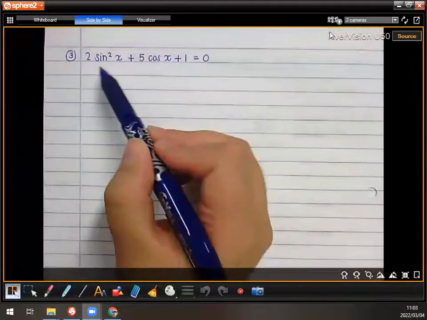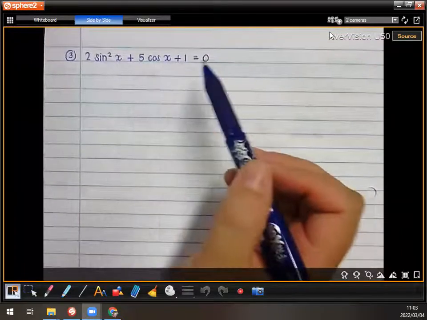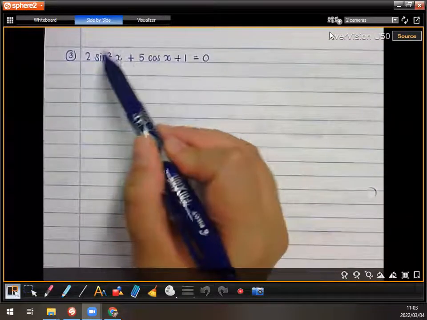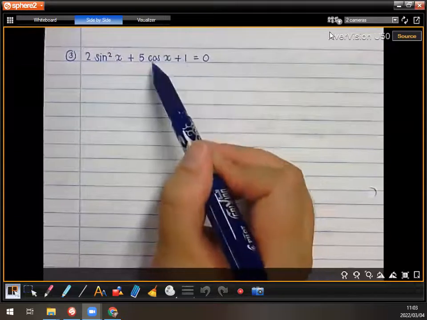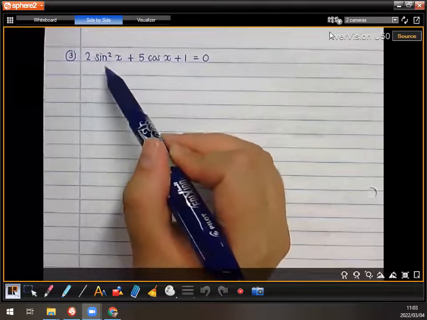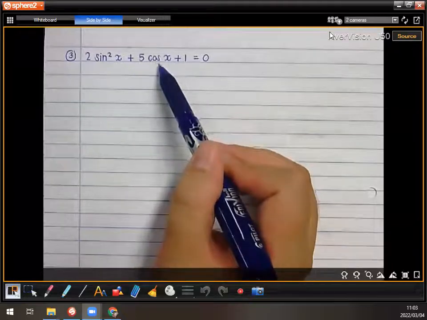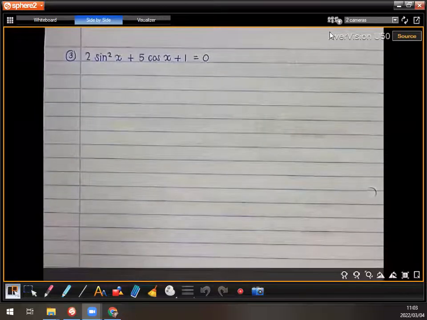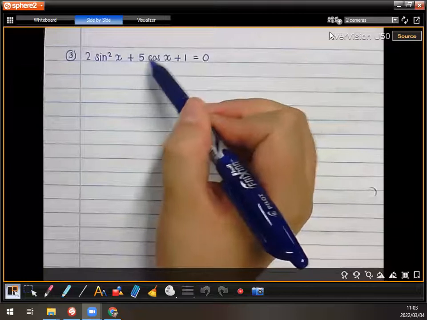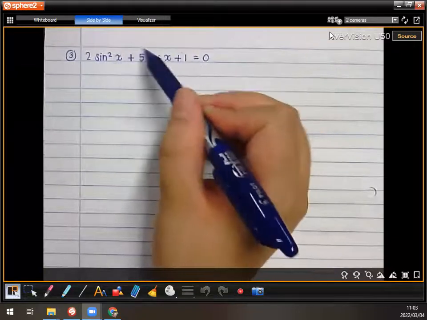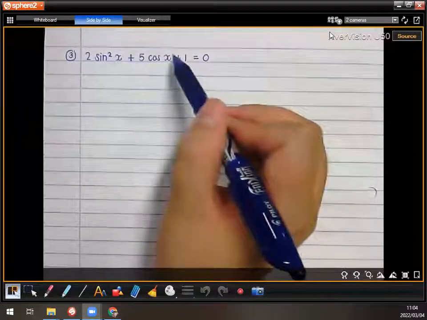Now guys, we need to look at what we're given. We have a sine squared and we have a cos x. I can change sine squared to 1 minus cos squared. I can't change cos x to just a sine. I could change cos x to sine 90 minus x, but then I don't have the same angle, so I wouldn't be able to factorize it.